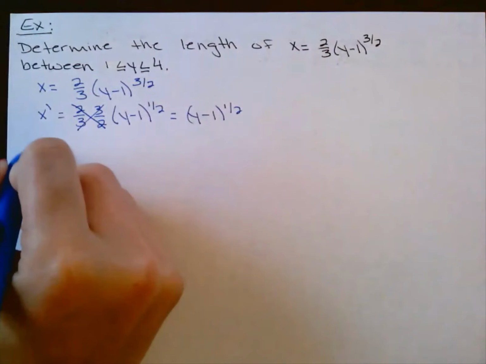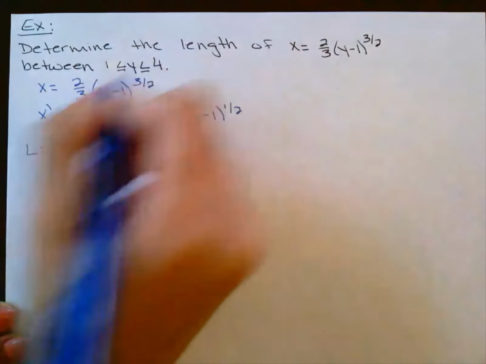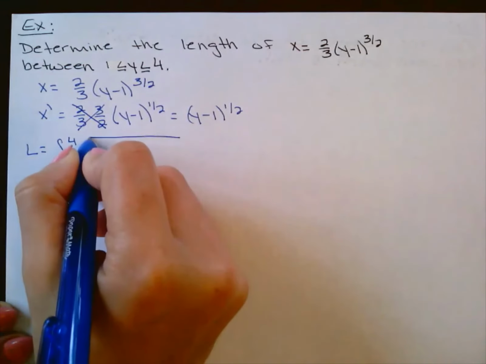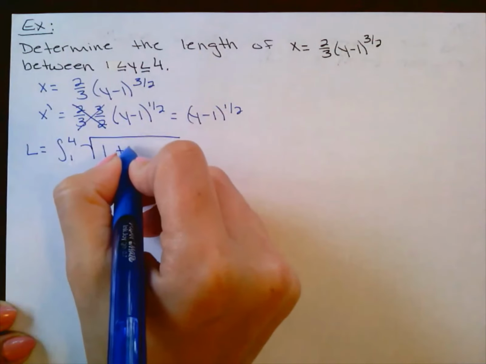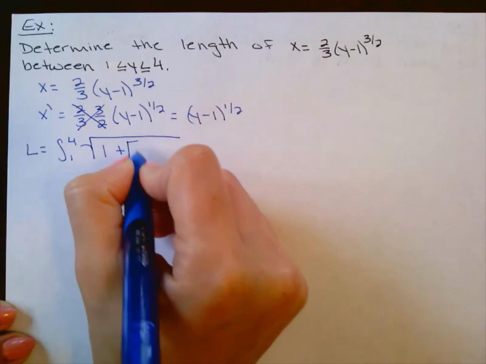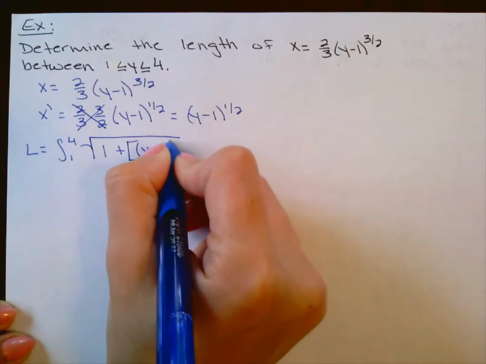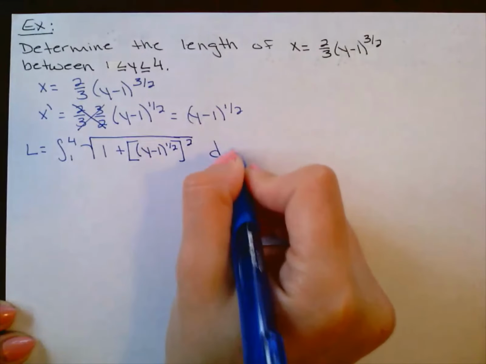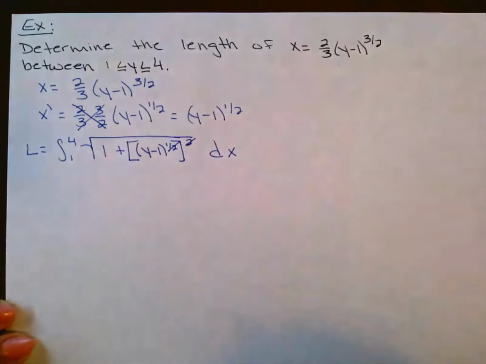Okay, so now arc length is a definite integral from a to b, from 1 to 4, of the square root of 1 plus the derivative, which I just solved. So if my derivative is y minus 1 to the 1/2, it's the derivative squared in the equation, which is really nice because this square and this 1/2 are going to cancel.